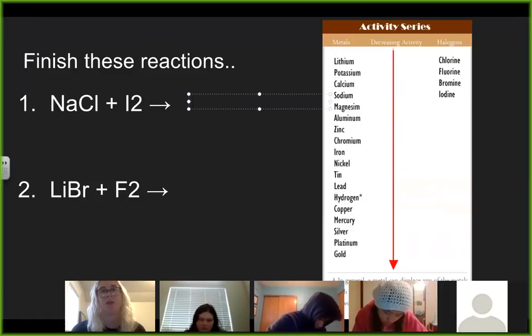If you're not sure how to solve these, then spend your time right now writing out the first part of the reactions so that you can fill in as we go over.